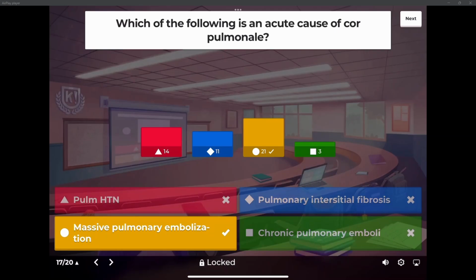What kind of pattern will you see on biopsy of those lung tissues? Honeycomb pattern. Okay, popping little holes. Chronic pulmonary emboli, it's got chronic in the word, so it can't be the acute one. And a massive pulmonary embolism would be an acute cause of cor pulmonale. You have a clot in the leg, it breaks off, goes into the lungs, causes a massive PE, that will be an acute cause.